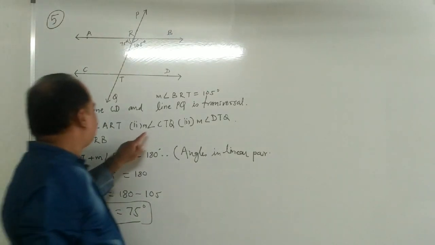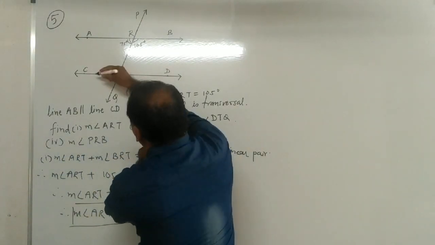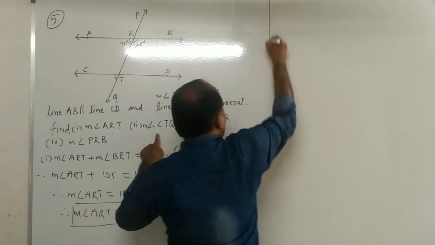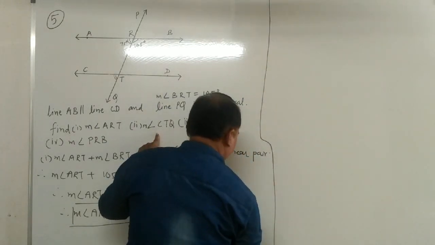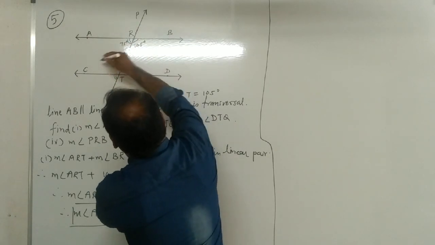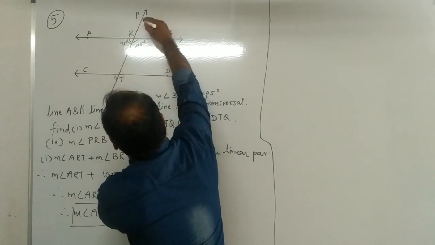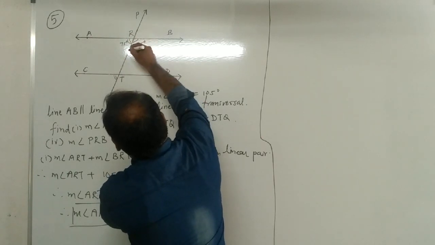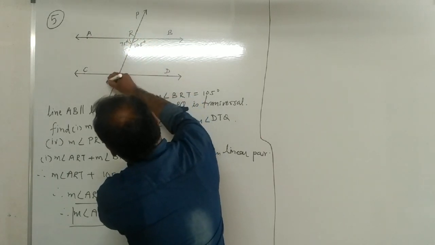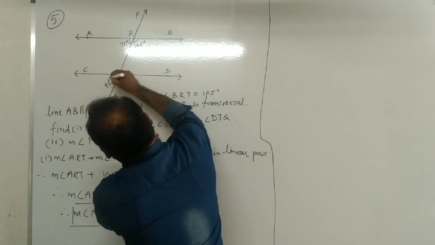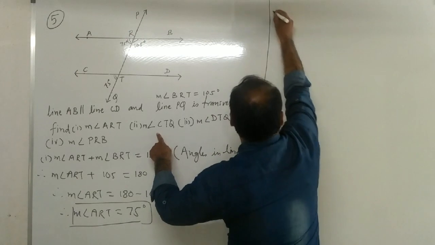Now, second one is angle CTQ. As these two lines are parallel and this is the transversal, CTQ and ART are corresponding angles. So this is 75, so this is also 75 degrees. Corresponding angles are congruent.